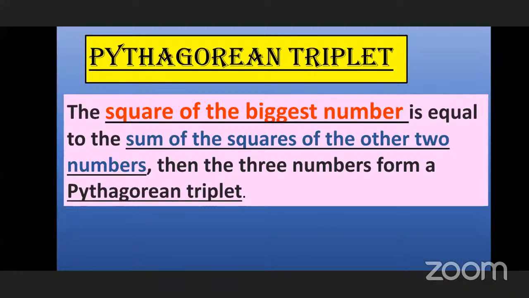I will repeat again, children. The square of the biggest number is equal to the sum of the squares of the other two numbers. Then the three numbers form a Pythagorean triplet. Now let us solve the sums based on Pythagorean triplet.